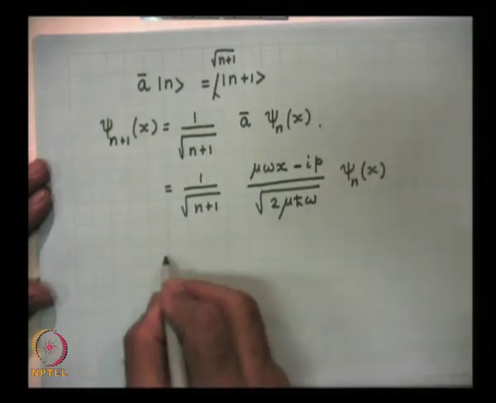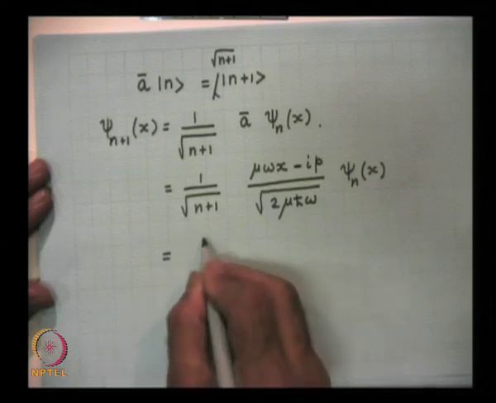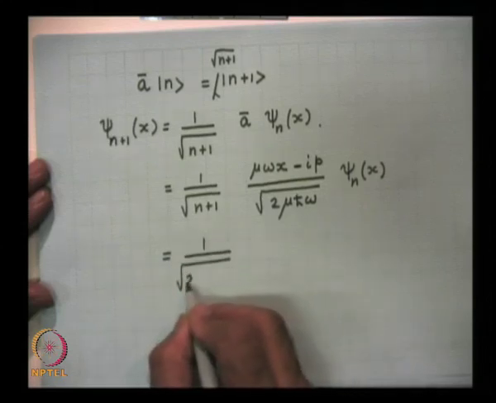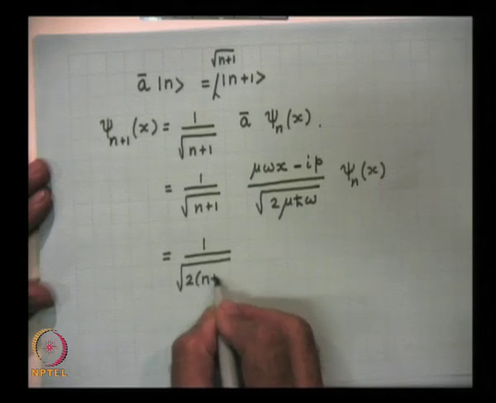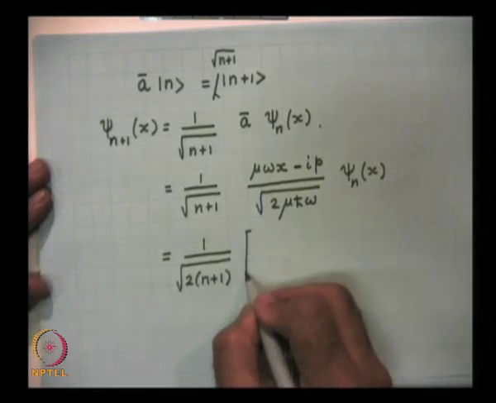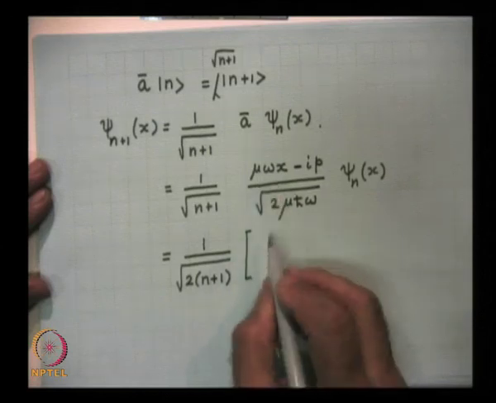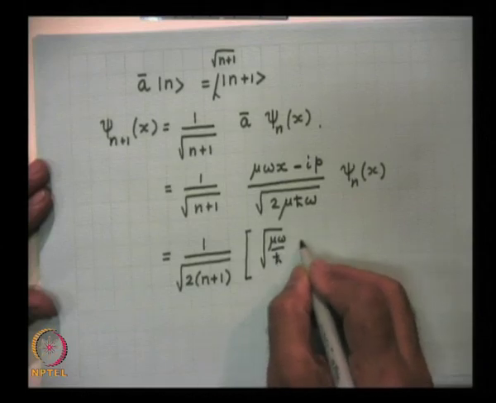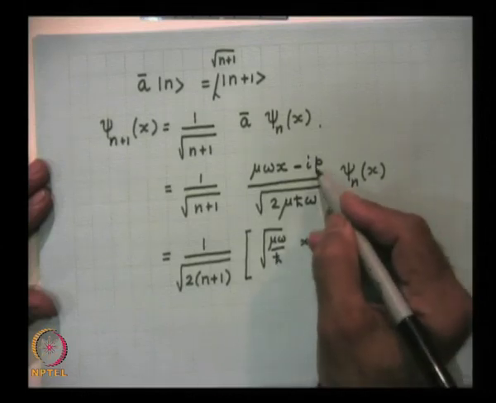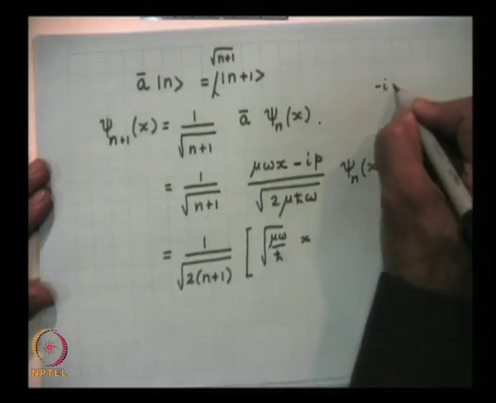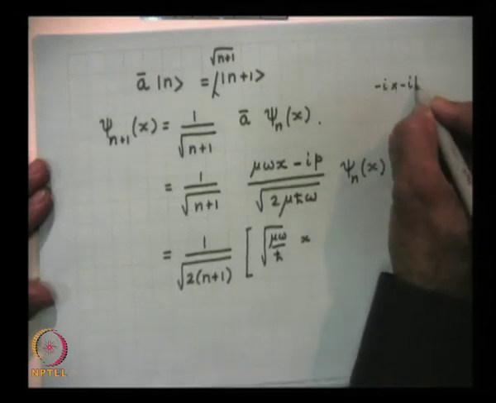So, if I take 2 outside, I will get 1 over under root of 2 n plus 1, and then it will be mu omega by h cross x, and this is minus i times minus i h cross.